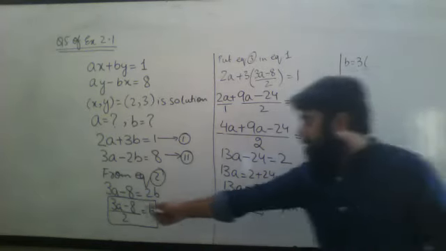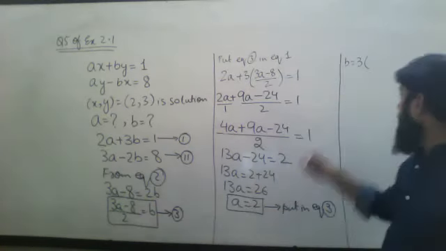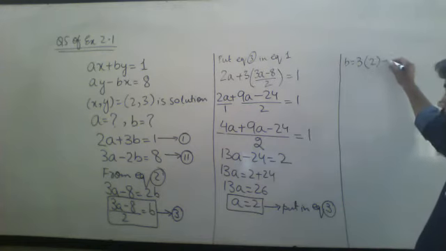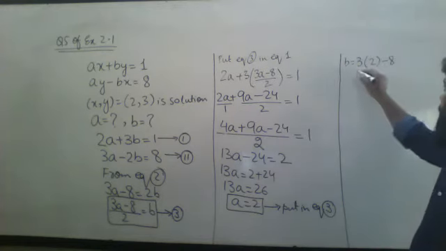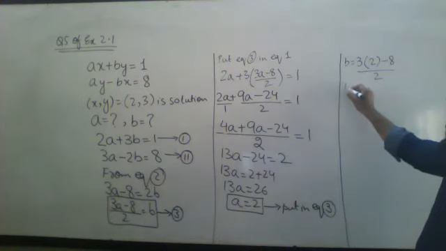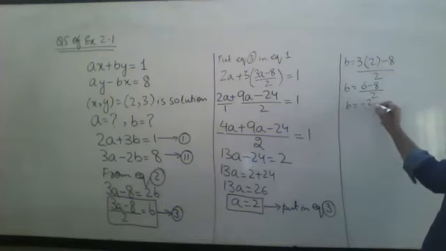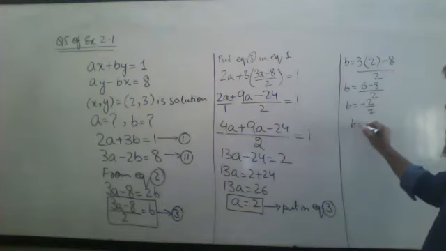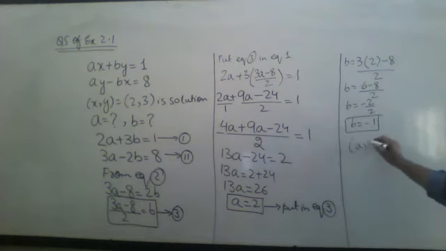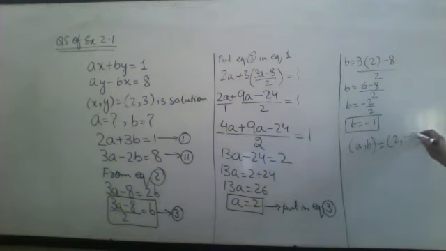What is the value of a coming? Value of a is 2, minus 8 over 2. b equals to (3 times 2, that is 6, minus 8) over 2. b equals to minus 2 over 2. b equals to minus 1. So it means a and b are coming 2 and minus 1.